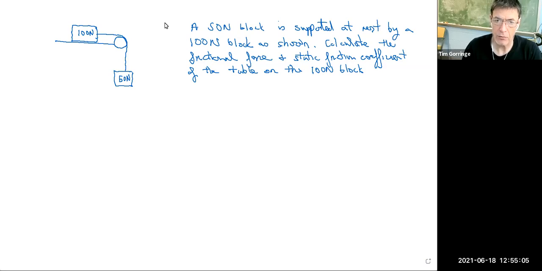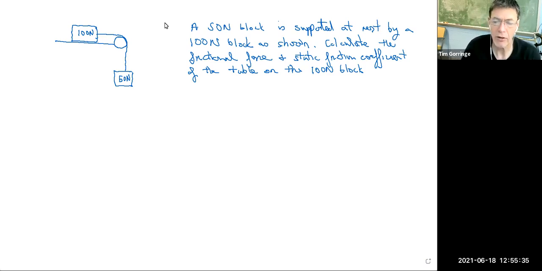Neither block is moving. The sum of the forces on both blocks must be zero. And we're going to use that equilibrium condition, that the sum of forces on both blocks is zero, to investigate the forces that are acting on the blocks, and in particular, find the friction force and friction coefficient between the block that's sitting on the table, between that table and that block. So let's see if we can do that.